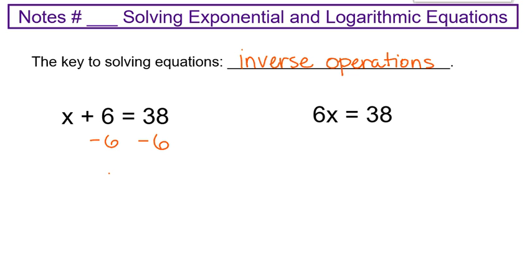That would undo the adding of 6, and you would just get 32. Or if you had to solve the equation 6x equals 38, you would do the inverse of multiplying by 6, which is dividing by 6. That would undo the multiplying by 6, and you would have whatever 38 over 6 is. So inverse operations are key to solving equations.